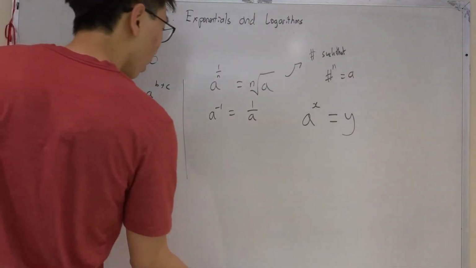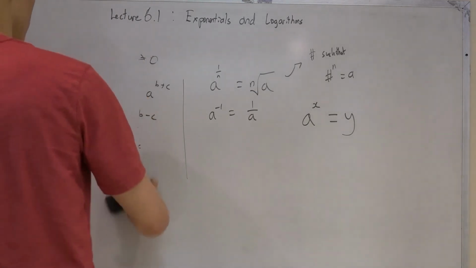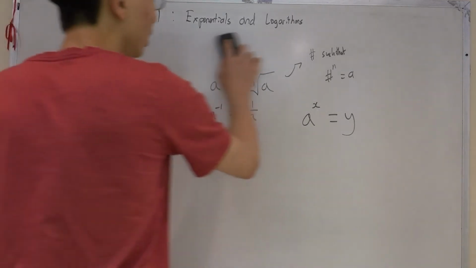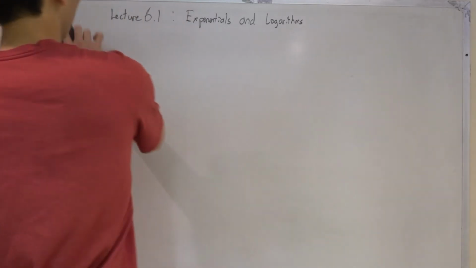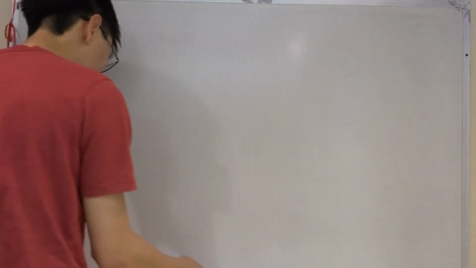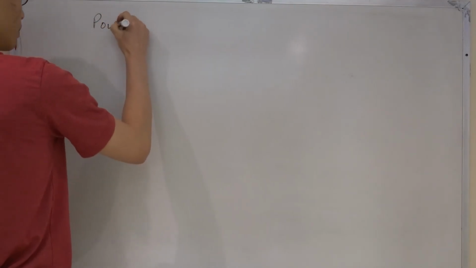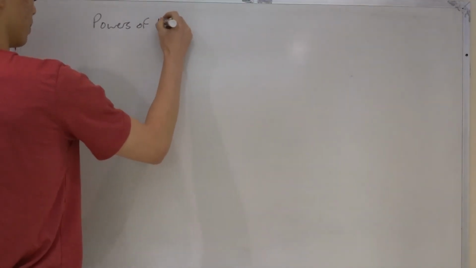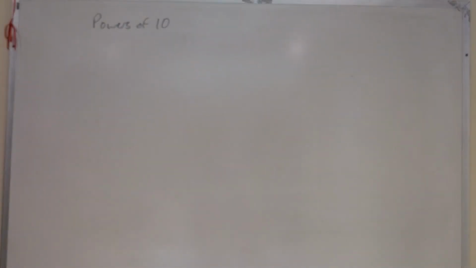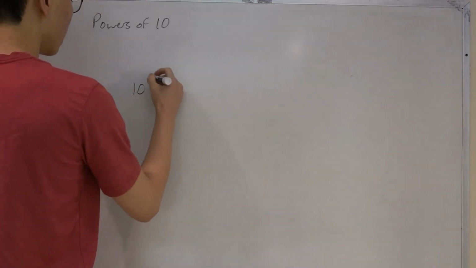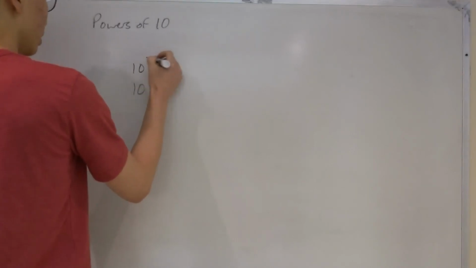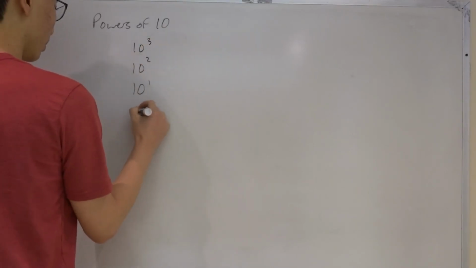Excellent. So, that being said, let's go and consider something that looks completely different. We're going to talk about powers of 10. Okay. And now what I want you to think about is what is 10 to the 1, 10 to the 2, 10 to the 3.